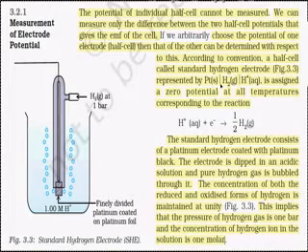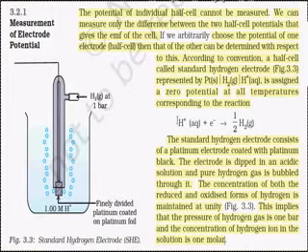Now the oxidation or reduction reaction of the hydrogen half electrode takes place on platinum, so it is written like this. It is assigned a zero potential at all temperatures corresponding to the reaction. That is, the hydrogen electrode is always given the value of potential as 0.